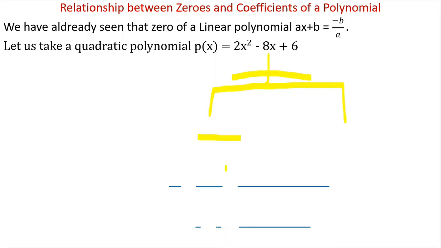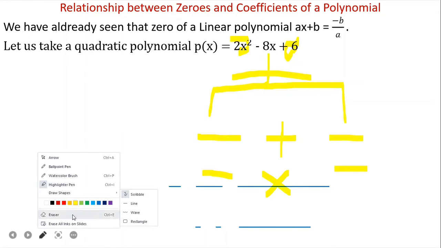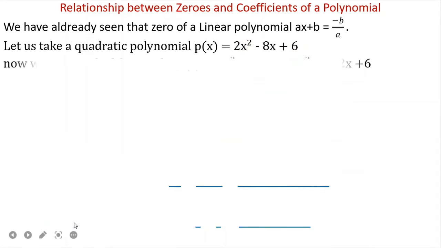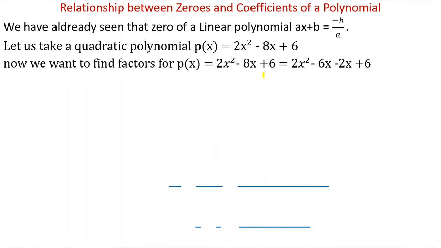That is, the sum of these 2 subterms is equal to the middle term minus 8x, and the product of these 2 subterms is equal to the product of 2x squared and the constant 6. Okay. So, I can write this equation 2x squared minus 8x plus 6 as 2x squared minus 6x minus 2x plus 6.